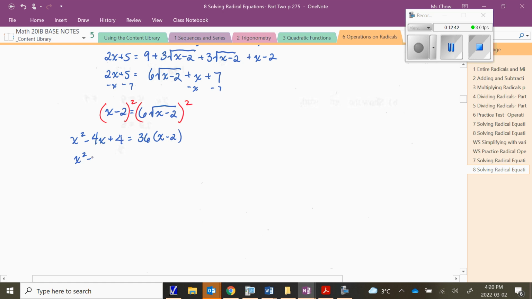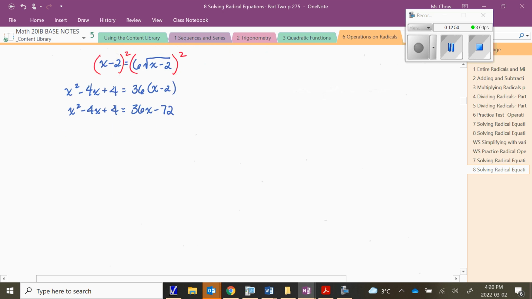So x squared minus 4x plus 4 is equal to 36x minus 72. We have a quadratic equation, so we want to set that to 0. So subtracting 36x, so x squared minus 40x, and then add 72. So plus 76 is equal to 0.